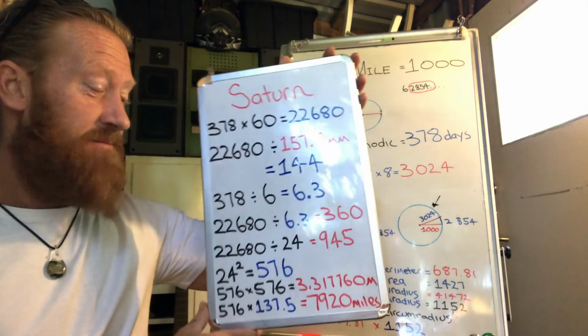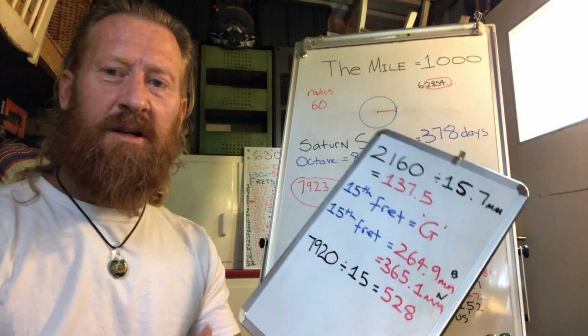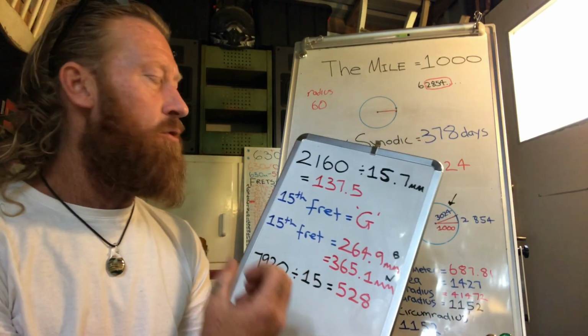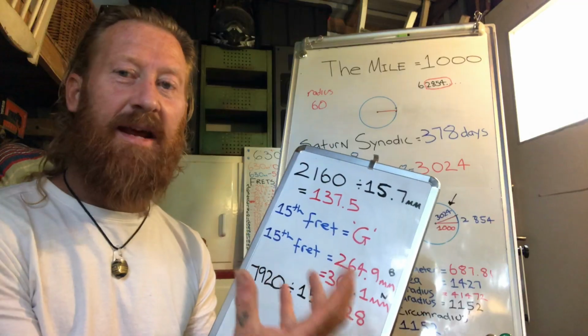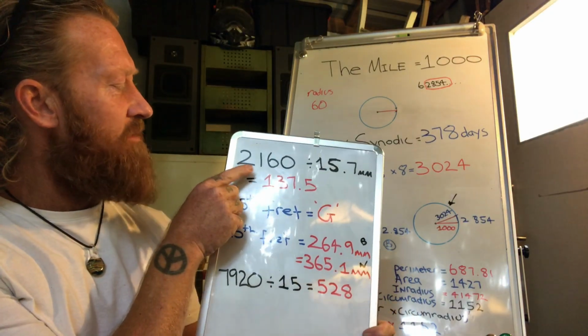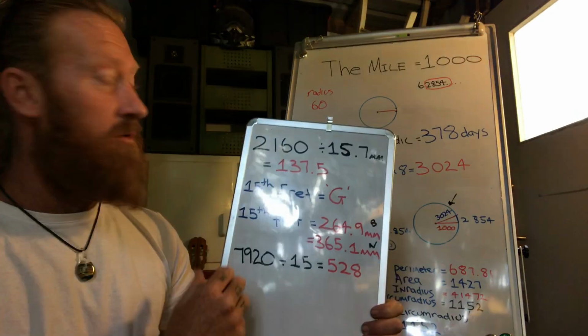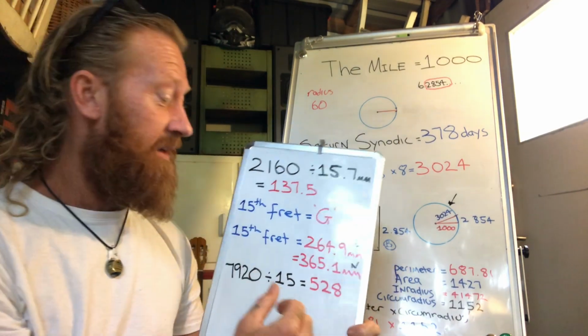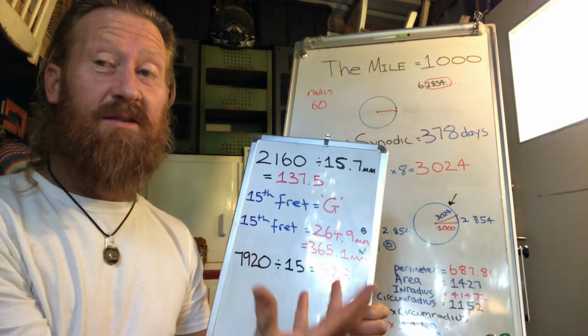So see you soon. To continue on with this Saturn time, we've got the Saturn Moon matrix. We know that they've got this connection. We know 2,160 miles is the equatorial diameter of the Moon. So the 15th fret on this is all tying in, everything ties together.